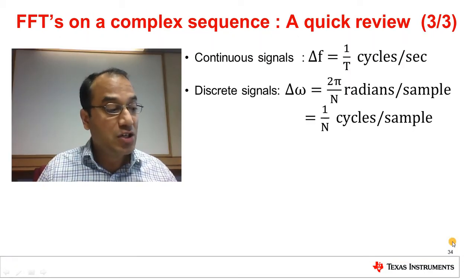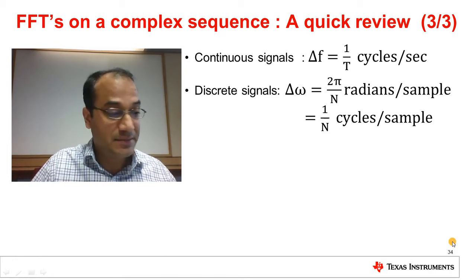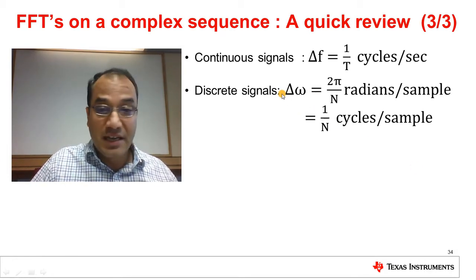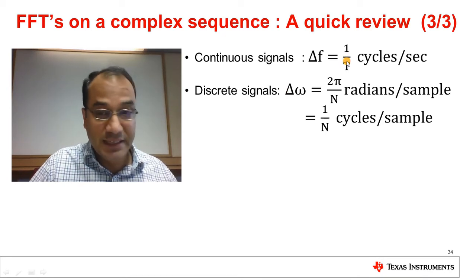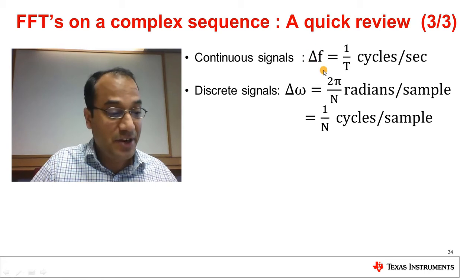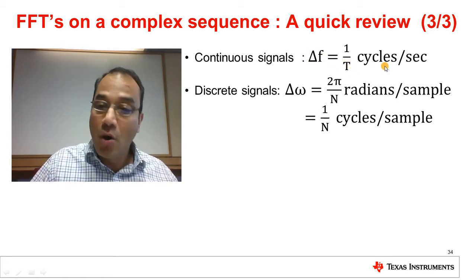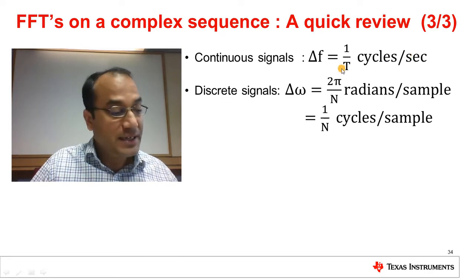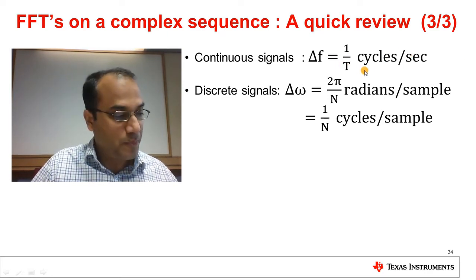Let's take a moment to compare the resolution criteria for discrete and continuous signals. Recall from the last module that for a continuous signal, two frequencies can be resolved as long as their separation delta f is more than 1 by T hertz, or 1 by T cycles per second, T being the observation window.